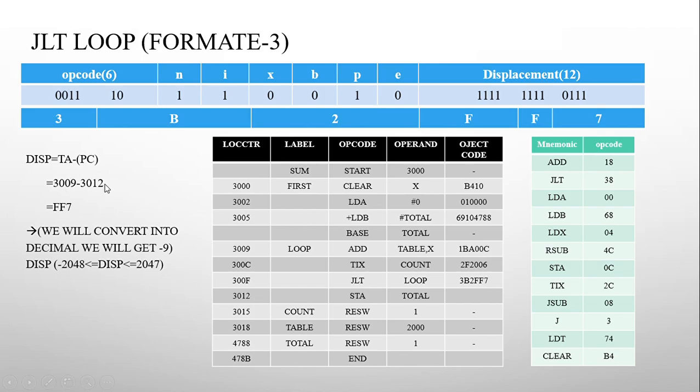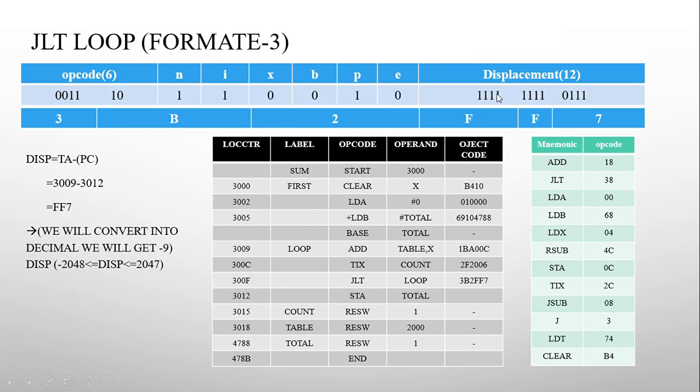If we subtract these two, we get FF7. Here FF7 is a hexadecimal value, and we need to convert it into a decimal value and check whether it is in the range or not. It is in this range. Therefore the P value is set to 1 and the B value is set to 0. So FF7 is the displacement.